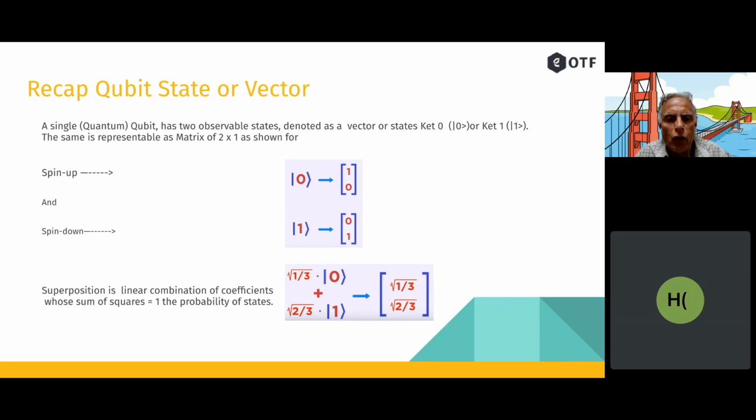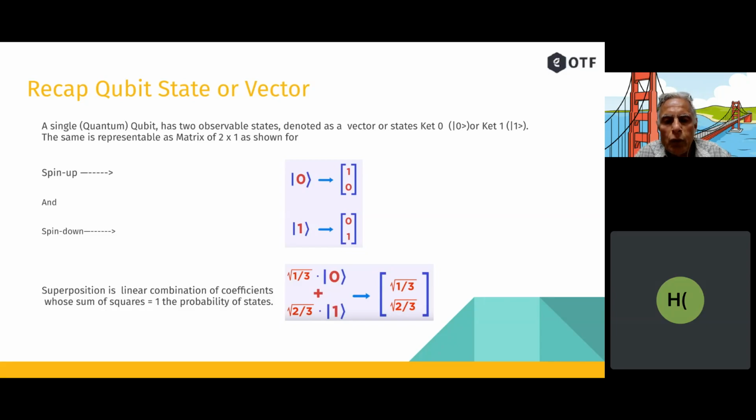These are represented as columns, and probability is what is associated with this. The magnitude, like for ket 0, if I say it is root 1/3 and for state 1 it is root 2/3. So the superposition is a linear combination of coefficients whose squares sum to 1, which gives the probability of the state.